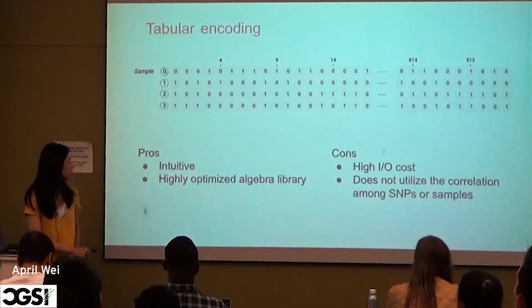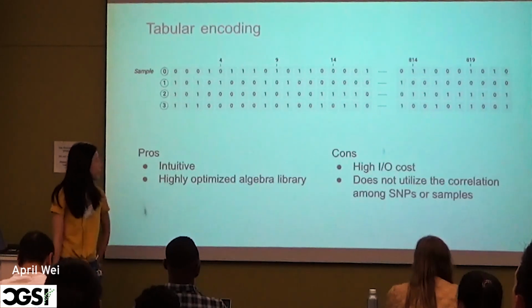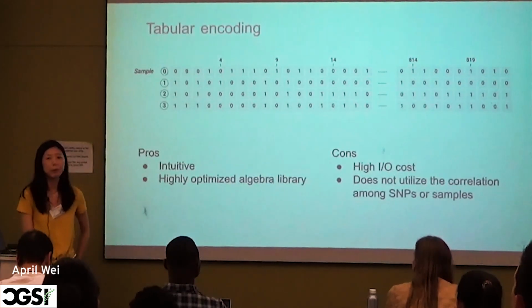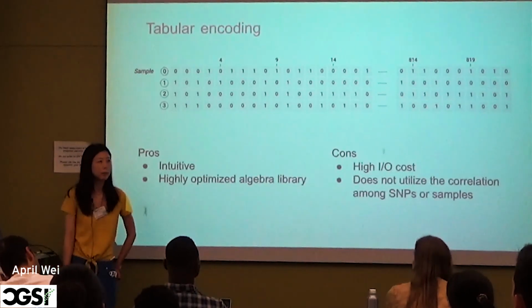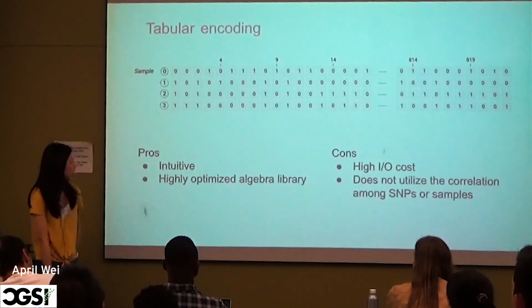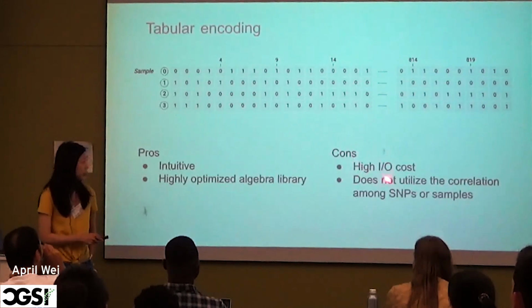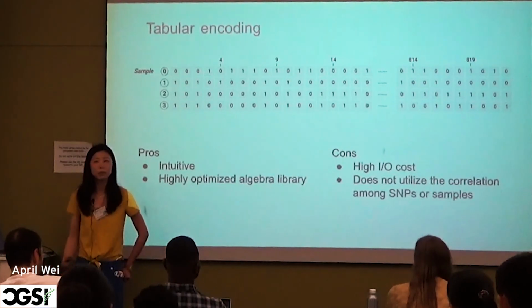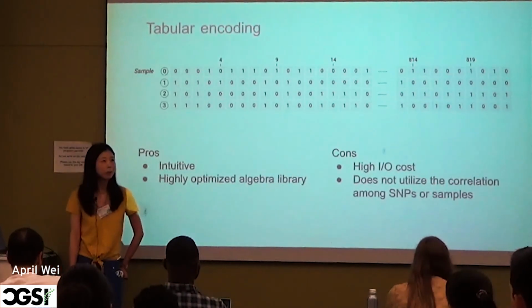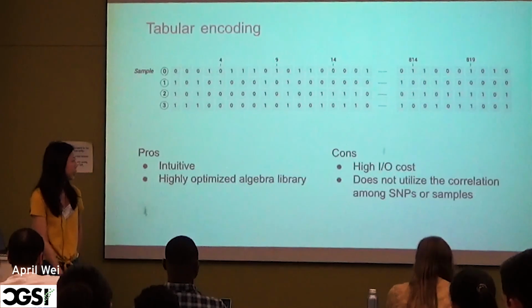It's very intuitive, and you can use highly optimized algebra libraries to do different types of computation, dot products, and other operations with it. The downside is that with a large data set, it is not even possible to load this data into RAM, and doing whole genome analysis can be very expensive.